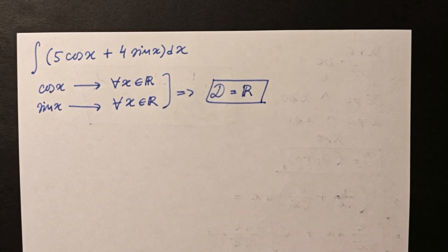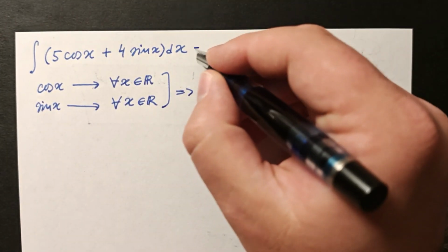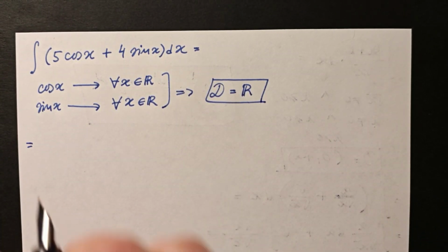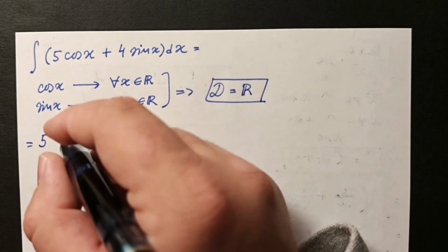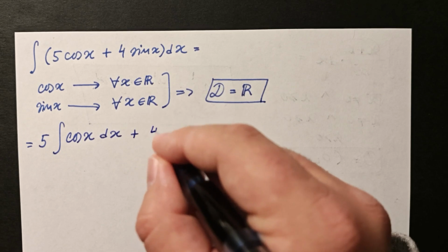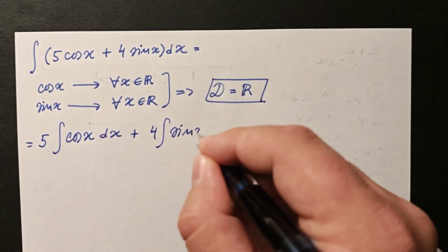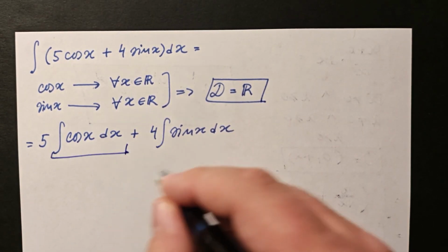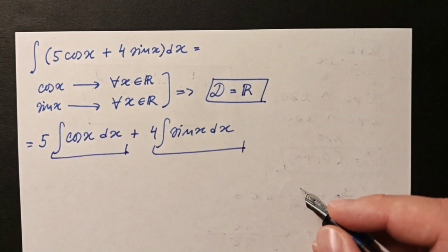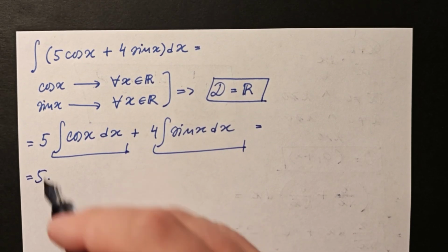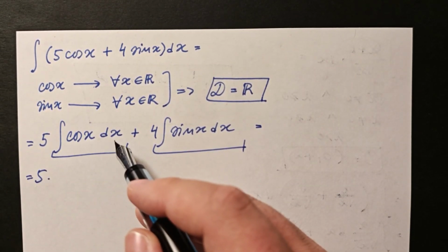Let's now solve this integral. So this is equal to, we are going to use that linearity of an integral operator, 5 integrals of cosine x dx plus 4 integrals of sine x dx. In the table of basic integrals, you will recognize these two integrals. So this is going to be equal to 5 multiplied by the integral of cosine x dx.